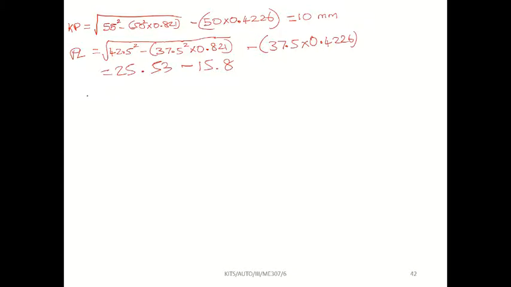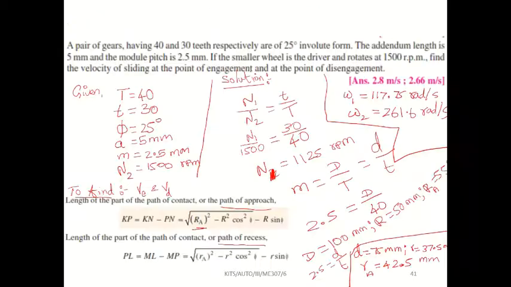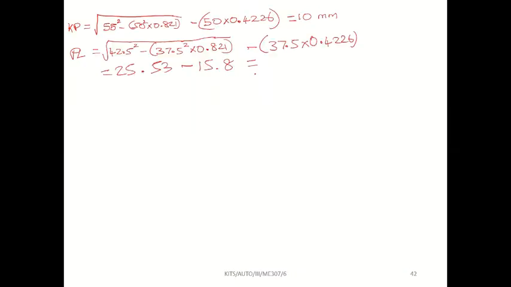So PL value is also around 10 only. 25.53 minus 15.8 will get 9.7.